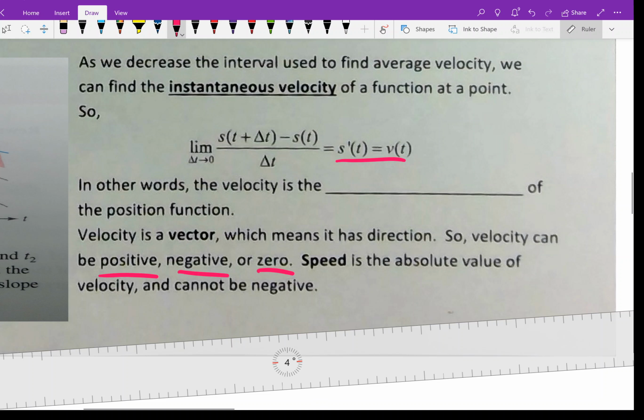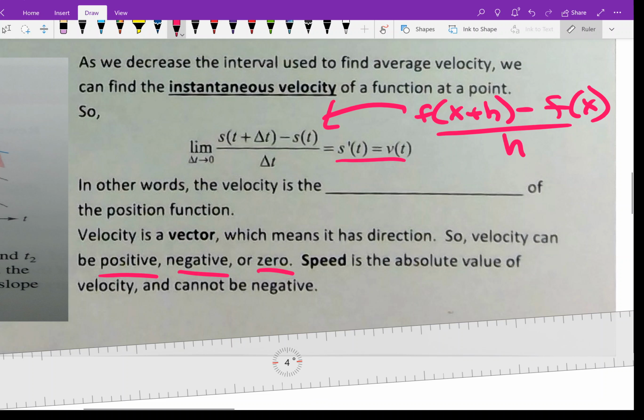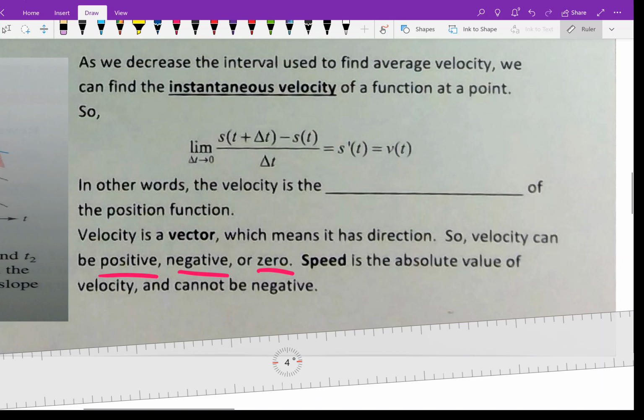Doesn't this look like when we've been looking at f of x plus h minus f of x over h? It looks very similar. We have that funky symbol in the front, but it's the same thing. So we're looking at stuff you've already been doing in a slightly different manner. We're putting it to work. This is some physics stuff going on here. In other words, the velocity is the derivative of the position function.